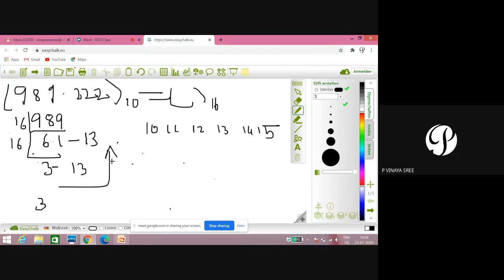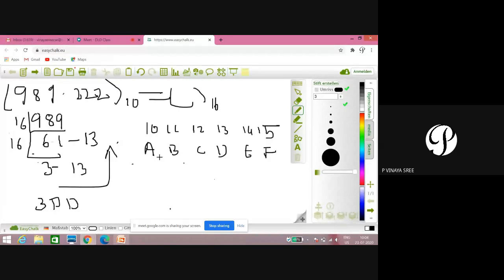The equivalent symbols: for 10 it is A, 11 is B, then C, D, E, and F. So for 13, what do I have to write? D. So the equivalent number for decimal 989 is 3DD.